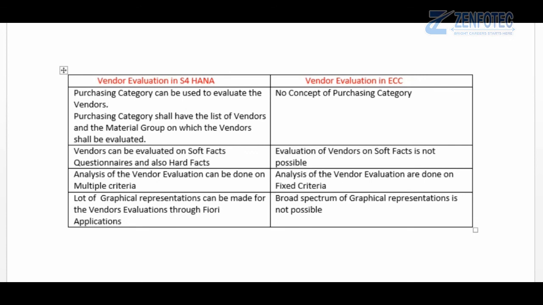Why did SAP think of bringing in this functionality? Because a purchasing category shall have a list of vendors and the material group on which these vendors shall be evaluated. See, I am evaluating two vendors. In case I evaluate two vendors on two different materials, one material is very easy to find in the market, and that vendor is able to give the goods on time.